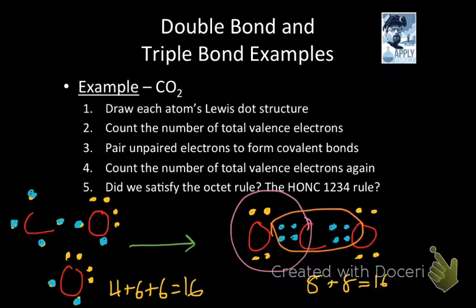Carbon in the center also has 8 total valence electrons, and oxygen on the right has 8 total valence electrons. And the oxygen is bonding with 2 different atoms. Both of those atoms just happen to be the carbon atom. Carbon is bonding with 4, 2 with either oxygen, and the oxygen is bonding 2 covalent bonds to carbon. So we are satisfying the HONC 1, 2, 3, 4 rule.